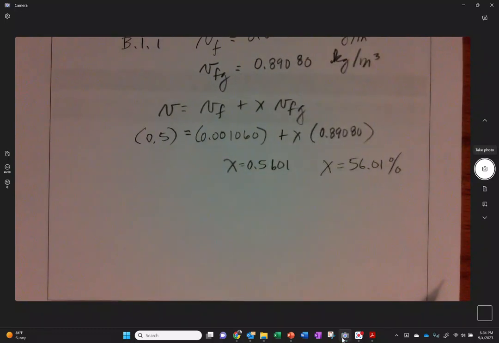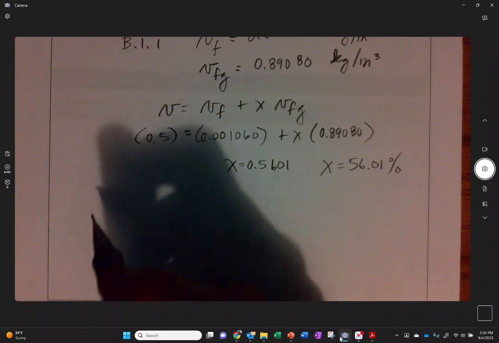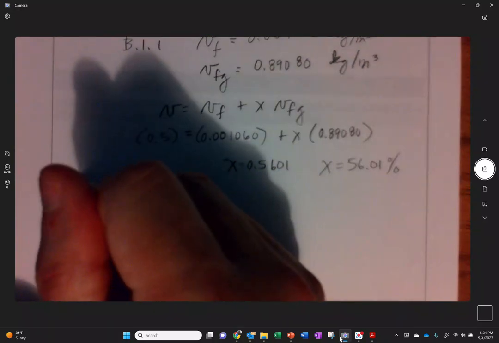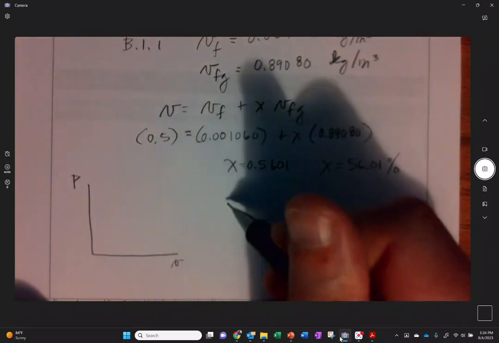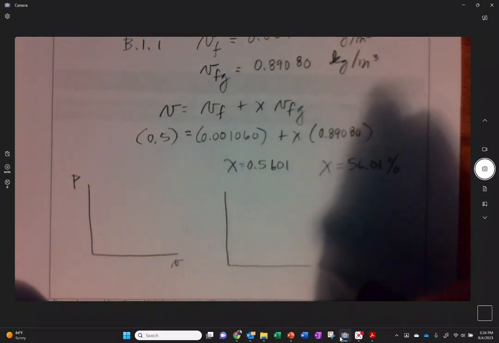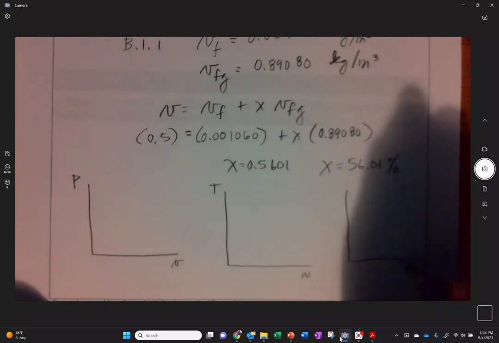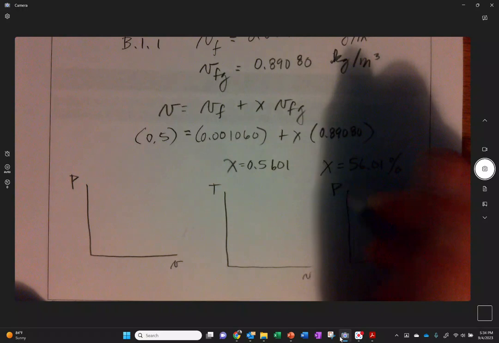And if you were to look up on these tables, all right, so these two points, we call them A and B, right? So I'll try to sketch them out here. They told us to do this on the PV, they told us to do it on the TV, and they told us to do the PT diagram.